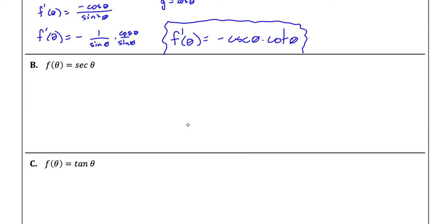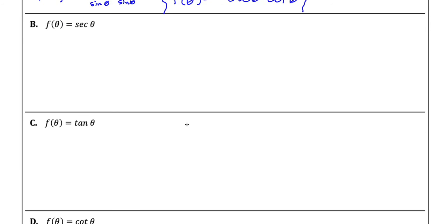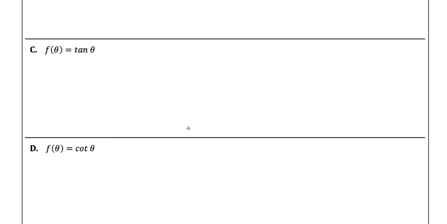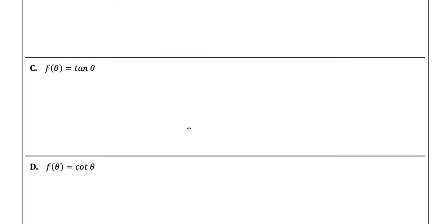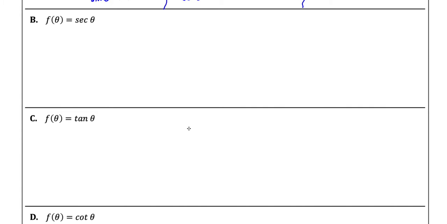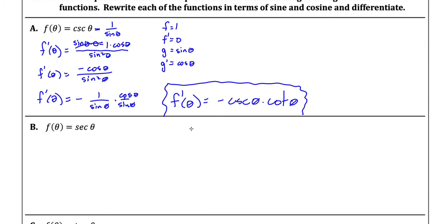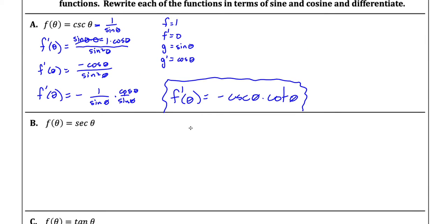Now, I wanted to know whether you want me to take you through these other 3. Can I skip secant since it's the same as cosecant? You would do 1 over cosine and then do the quotient rule.